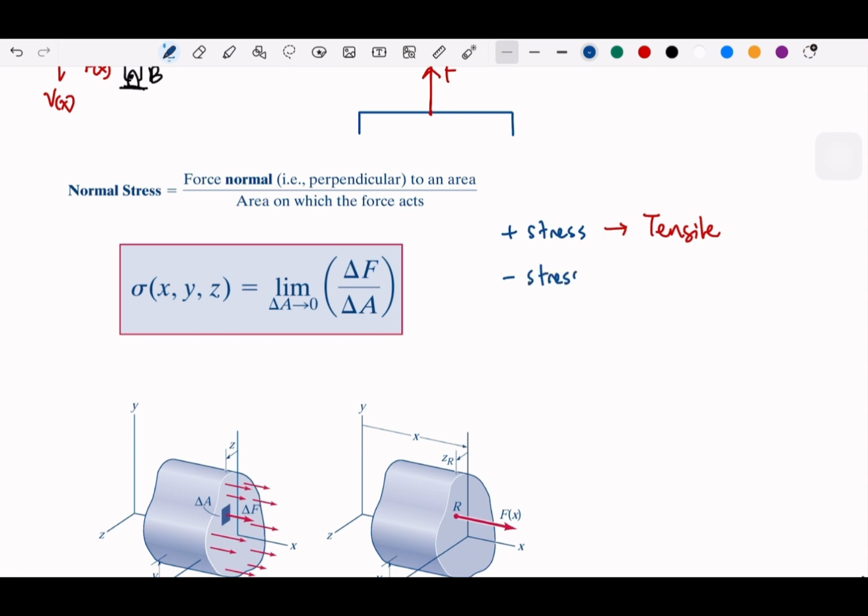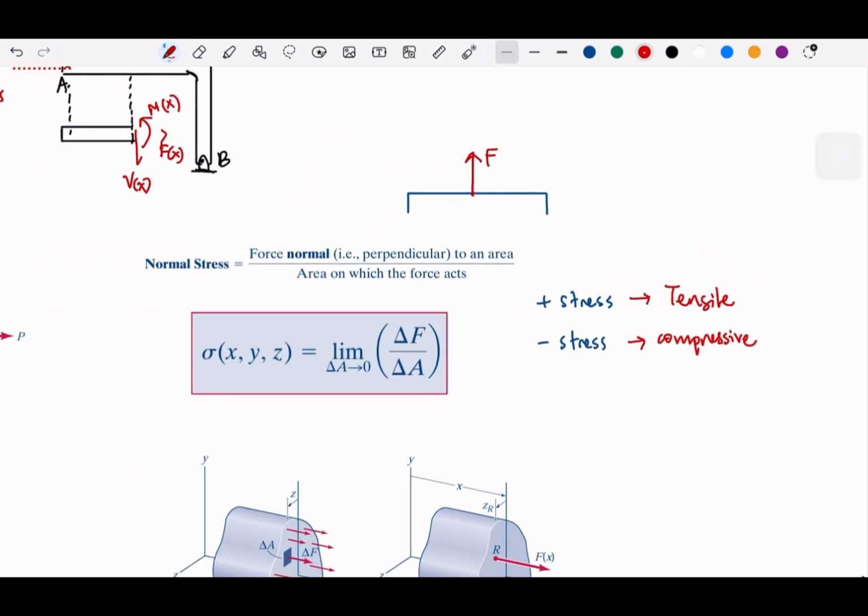And if you have a negative stress, that is compressive. Usually, the standard units are Pascal or megapascal, usually megapascal. So let me write the standard units: usually megapascal or Newton per millimeter squared.